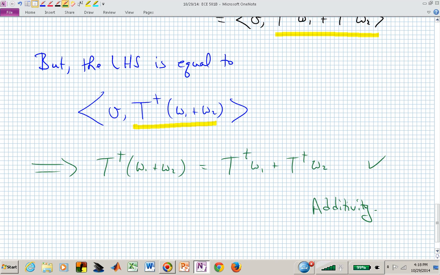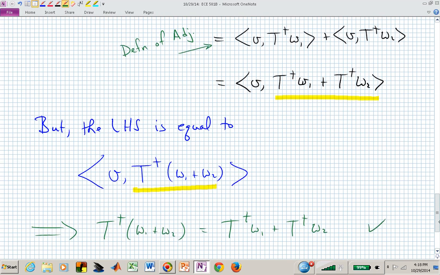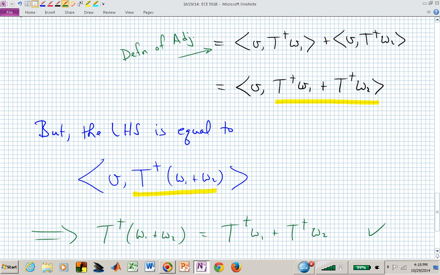Yes, so what we are basically saying is if these inner products are the same, then I'm concluding that if the first slot is the same and the inner product's the same, then the second slot pieces are the same. That's what I'm assuming. Okay, and if that's the case, then we do have this additivity of the adjoint.